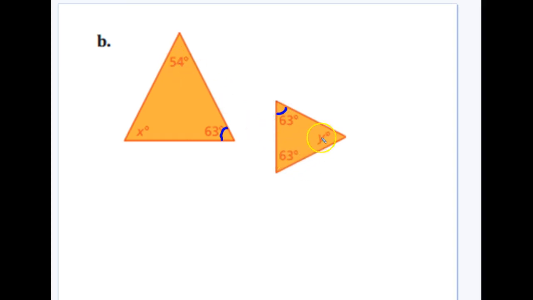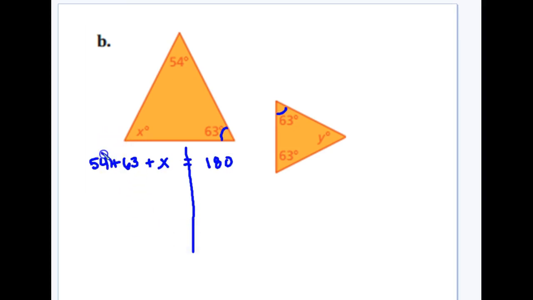Do I have a match over here? I don't. So that means that I'm going to have to actually do some work here. And I can pick one or the other. It doesn't matter which triangle you pick. I'm going to take this one over here. I'm going to say 54 plus 63 plus x is going to equal 180 degrees.